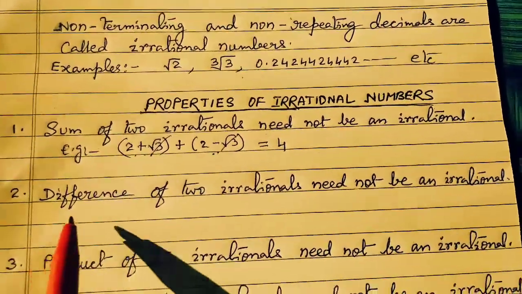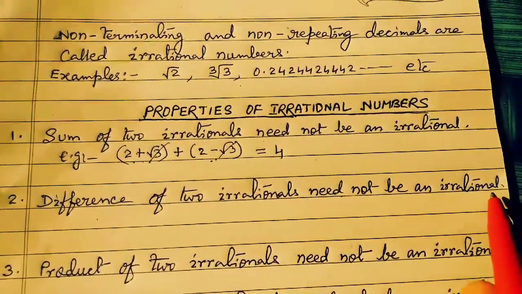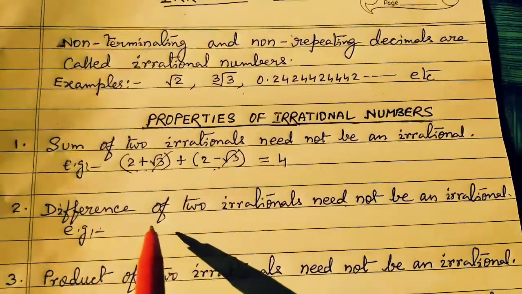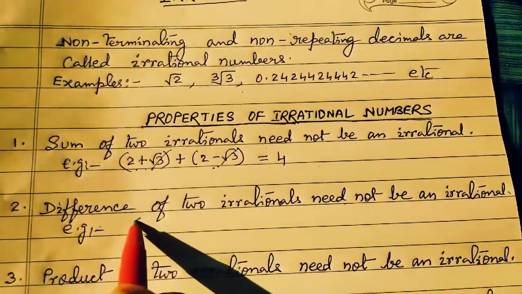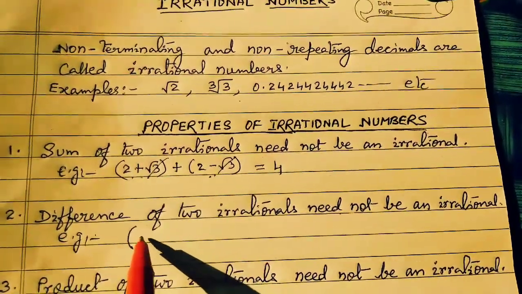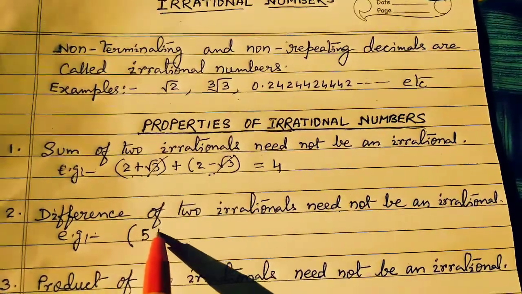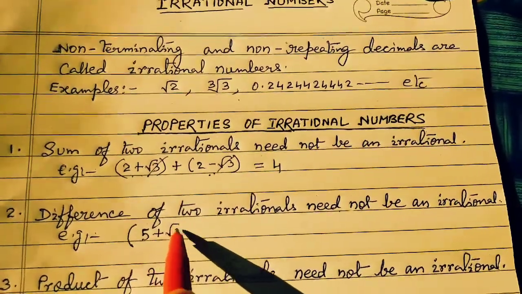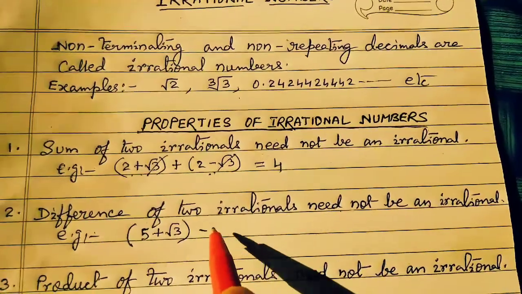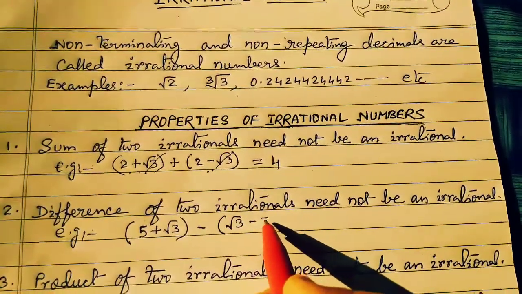Now coming to the second, the difference of two irrationals need not be an irrational. If we take an example, suppose we take 5 plus root 3 and its difference with root 3 minus 4.